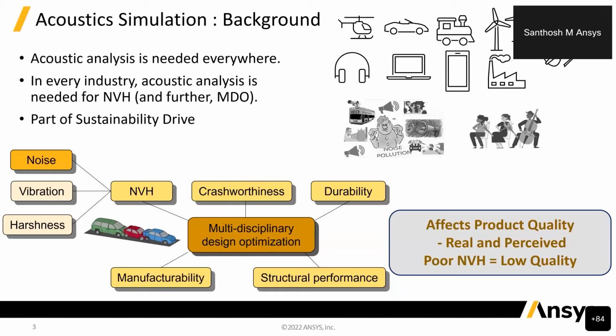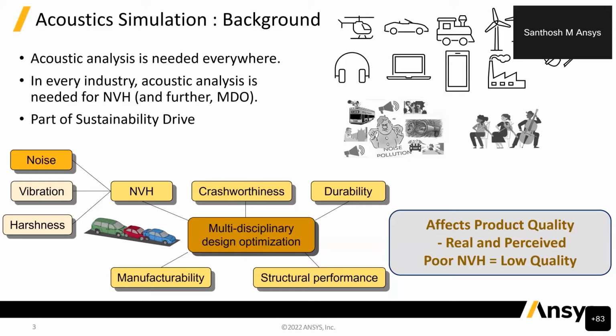Today, when we are designing a product or a system, there was a time, a decade back, when there were silos. People were doing the structural analysis, stress analysis, material selection, manufacturing, crashworthiness, and things like that. Today, we are talking about designing and optimizing a system from a multidisciplinary optimization point of view.